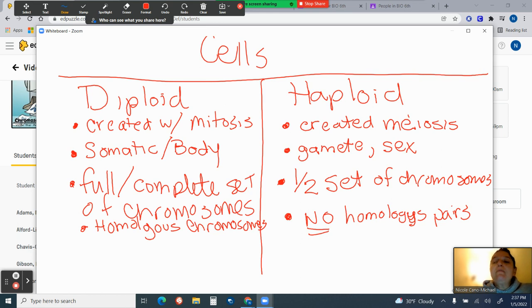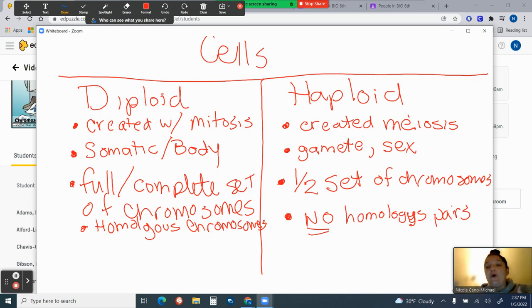All right, so a little bit of mathanese. Now, remember how I was saying, if you're a dog, you have 78, and if you're a human, you have 23, and so on. Every organism that reproduces sexually has its own number of chromosomes that is unique to them as a species.